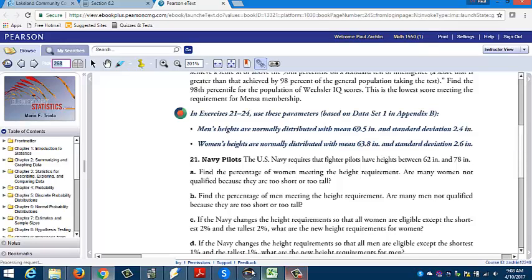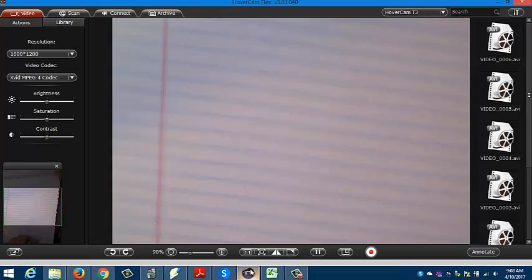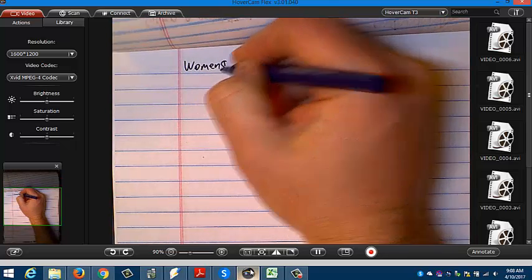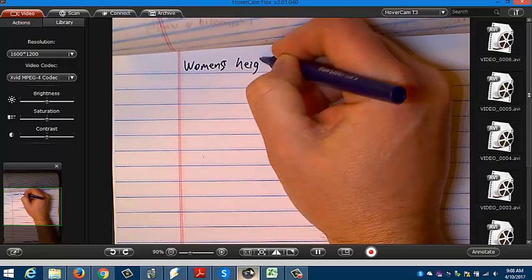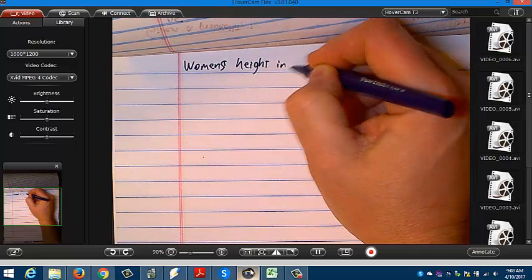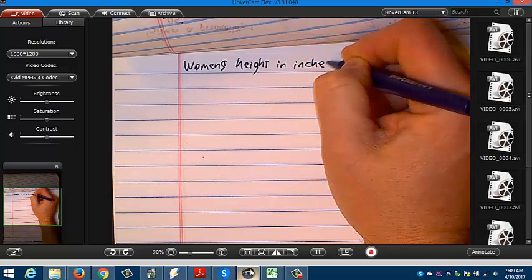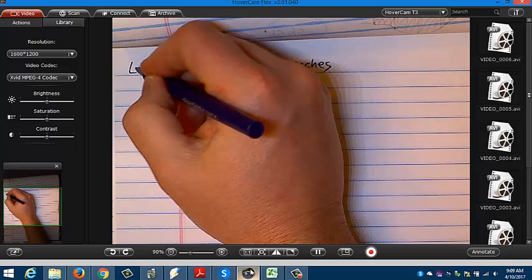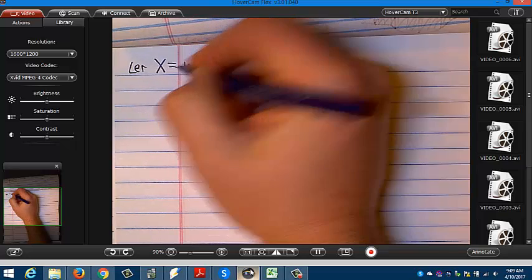We're going to go here, and we're going to say, okay, women's height in inches. Actually, I'm going to say, let X equal women's height in inches.